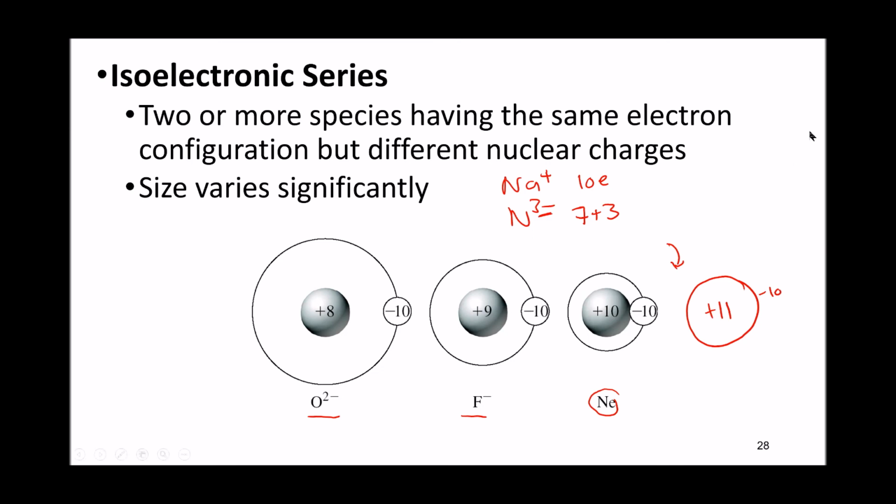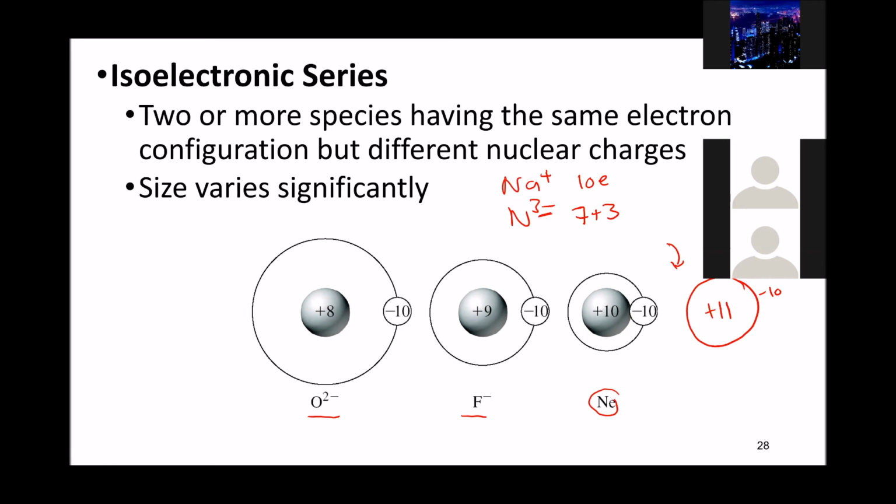What about nitride? Is it going to be smaller than neon or larger than oxide? How many positive charges does it have? For nitrogen, it's a nitride ion. Can you bring up a periodic table in front of you?